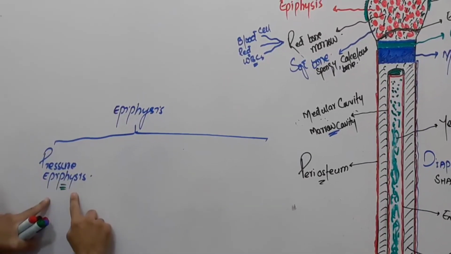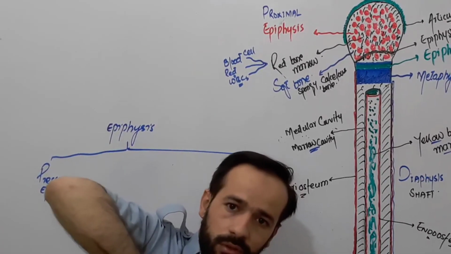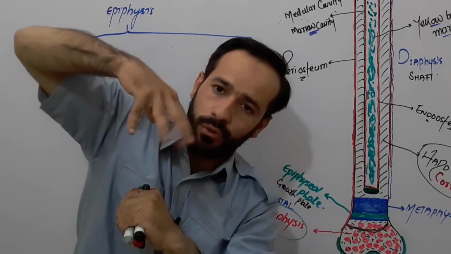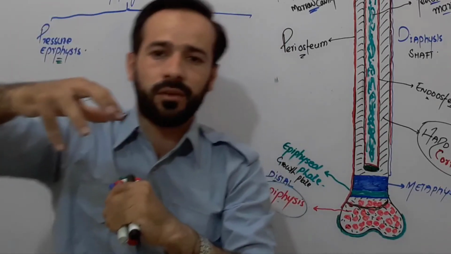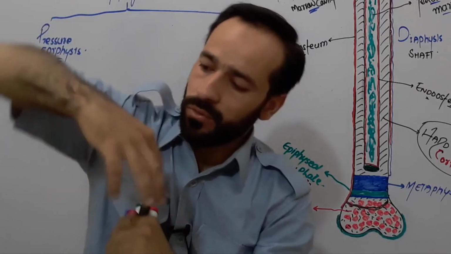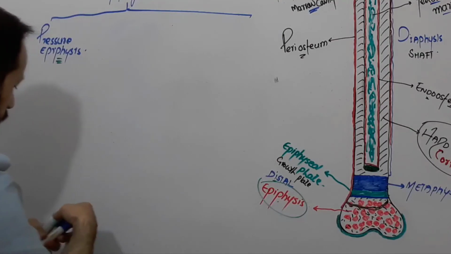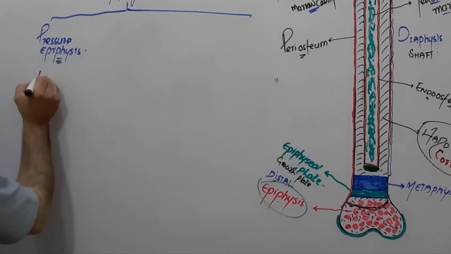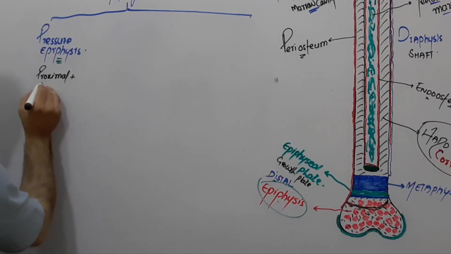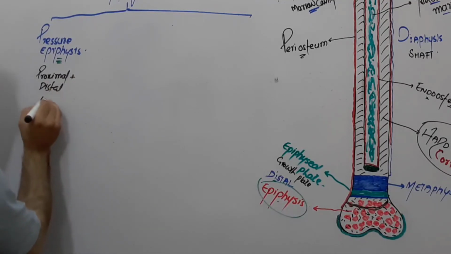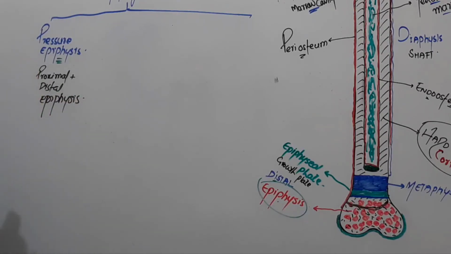The type of epiphysis on which pressure is applied from the above bone, which transfers the weight of the upper bone to the lower bone, or we say which transfers the weight of the body from one bone to another bone. So these are the proximal plus distal epiphysis.